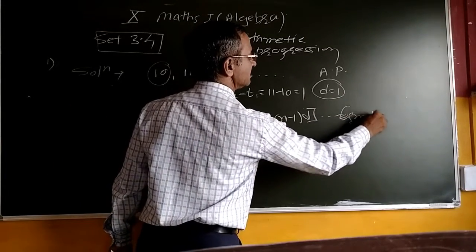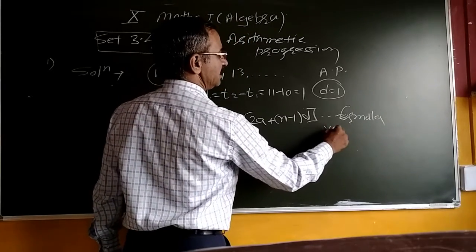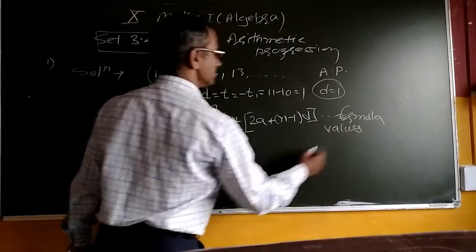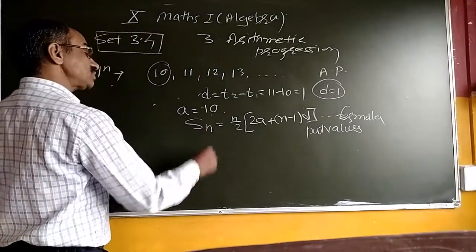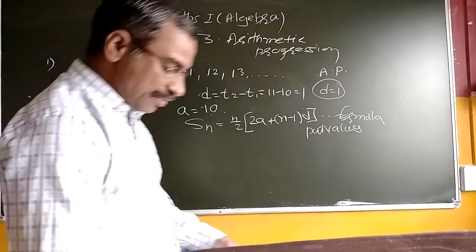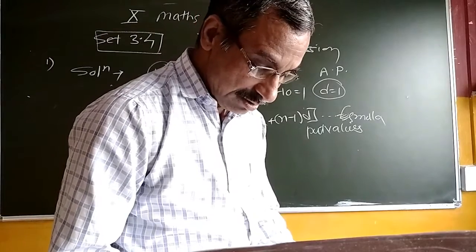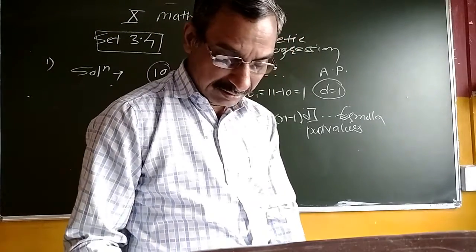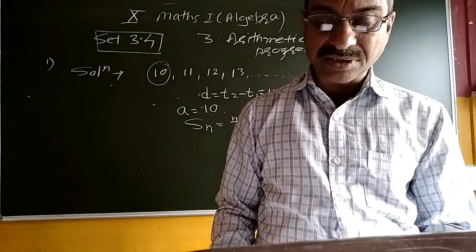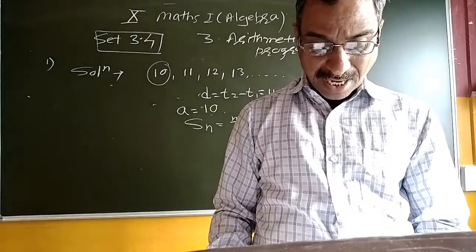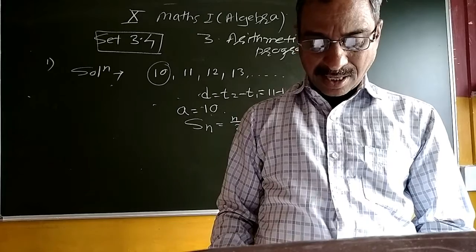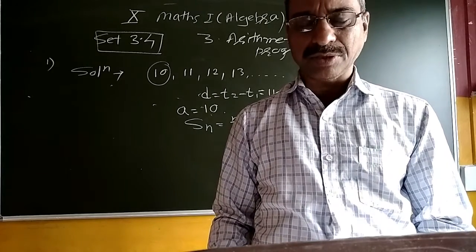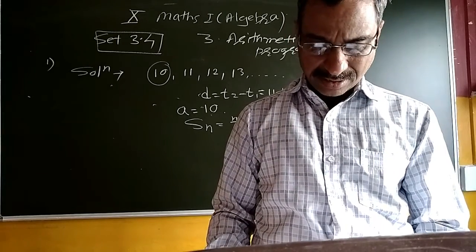By putting the values of a and d in the given formula. So here is what they require. They ask up to 31st December 2016. Means she started from 1st of January 2016 and ended at 31st December 2016, means a total of 1 year.